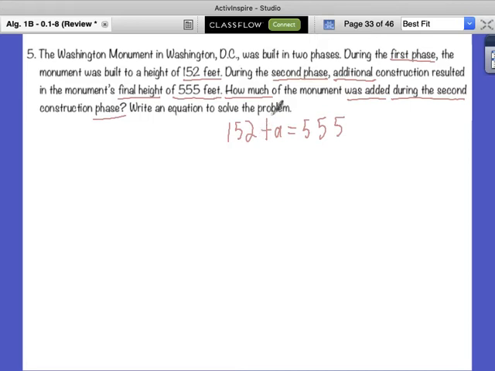Then it says additional, so you add, but you wouldn't add 555 because we want to know how much was added during the second phase. And it says final height, so that would be the final. So you put an A, and then equals 555. Very good, very well worded.